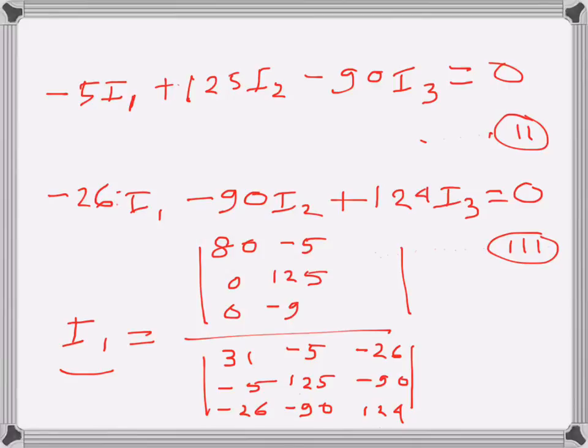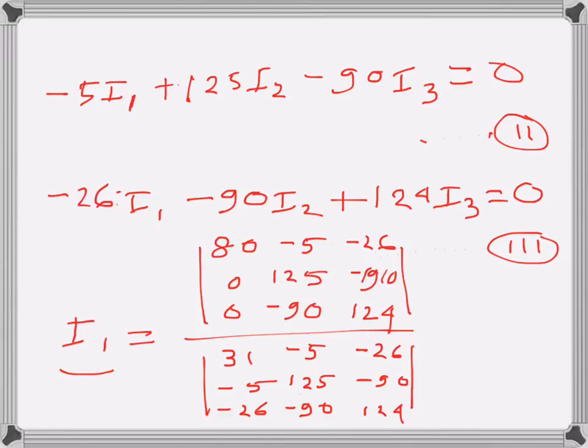Since there are three unknowns, we are using determinants instead of the classical, orthodox way of solving simultaneous equations. First we write the determinant, and once we have written it, it will become easier. So for I1, let's do the denominator.